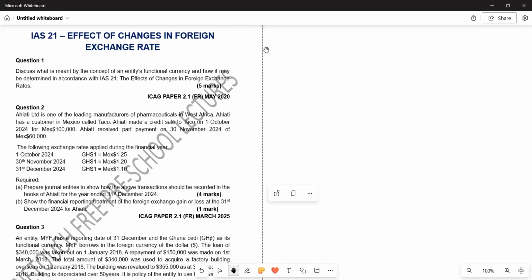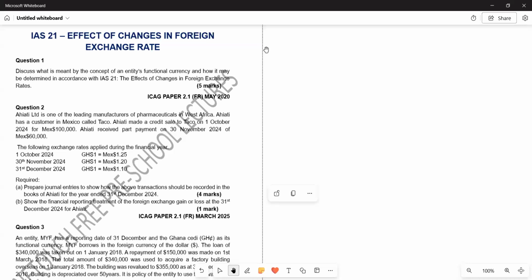So read for us. Ahiati, is it in the Volta region? It means the one who set this particular question is a Voltarian. So let's continue.